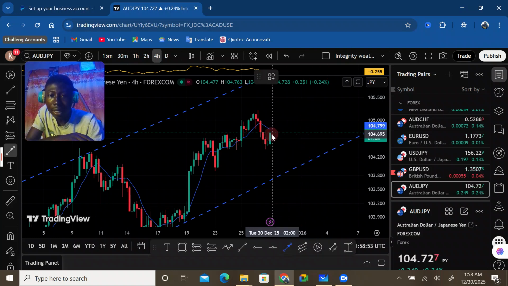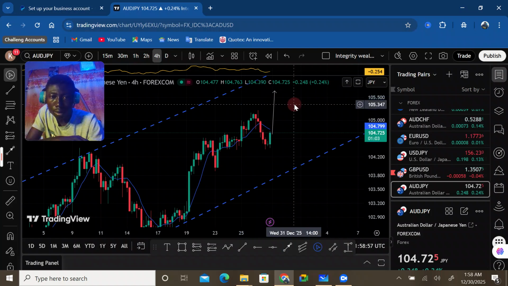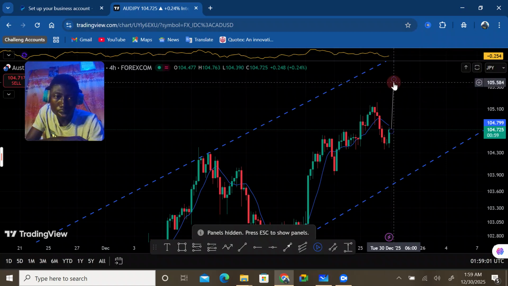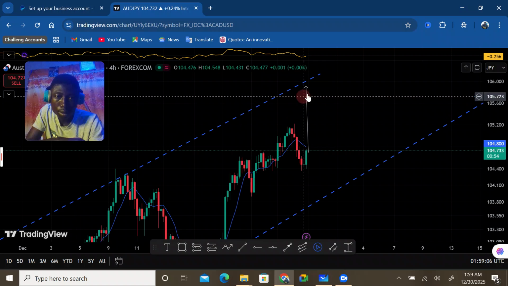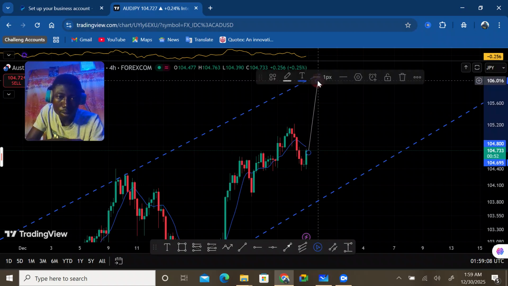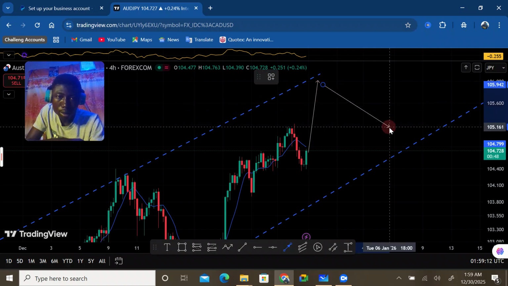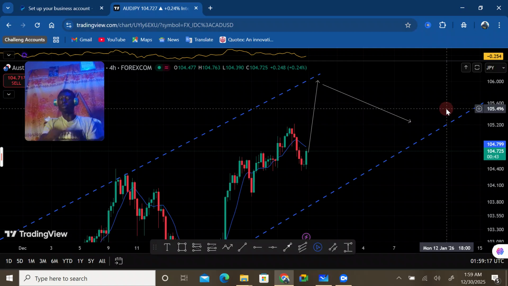I'm predicting that this one will hit this one and hit this one, and then bounce back to this one. Then it continues until the market reverses. That is how a trend line works. Very simple strategy.